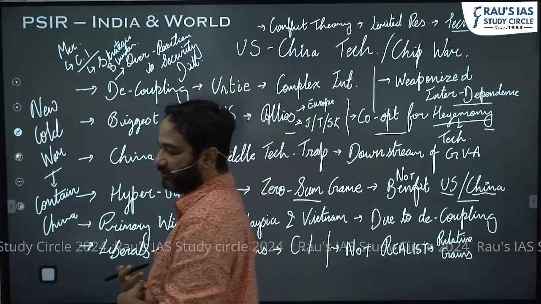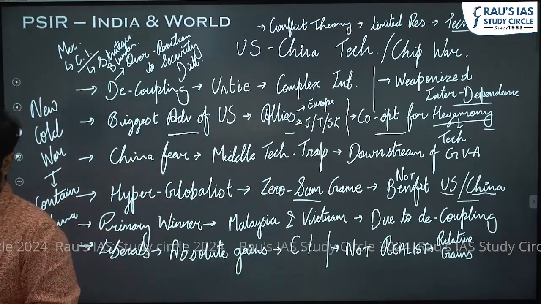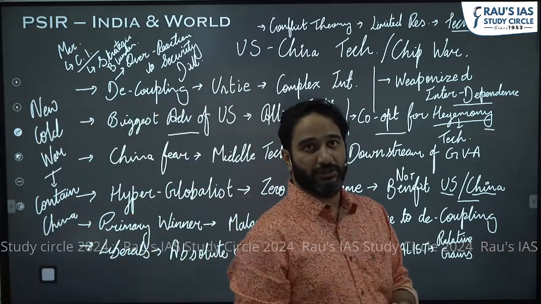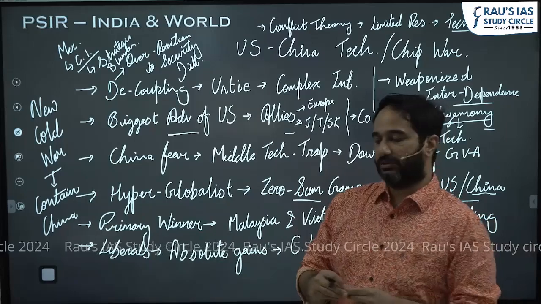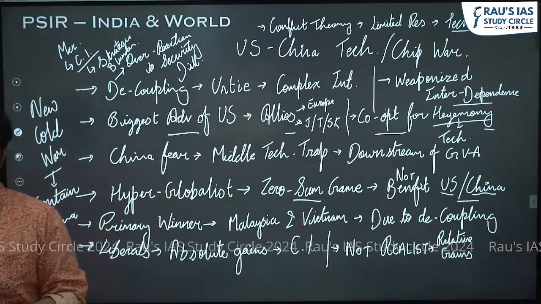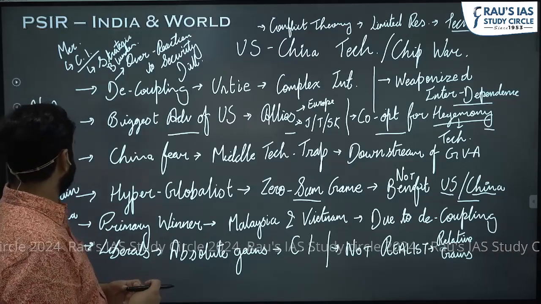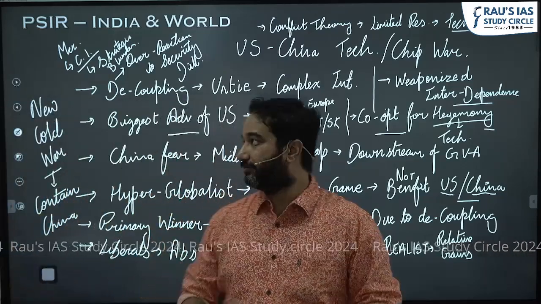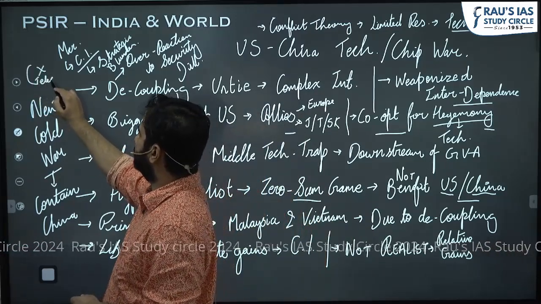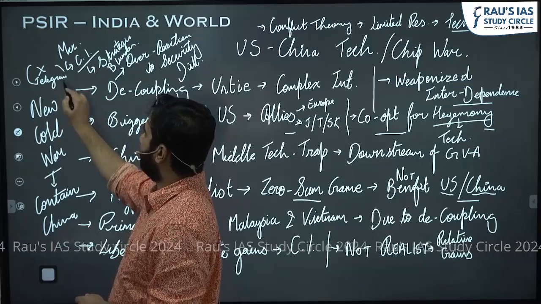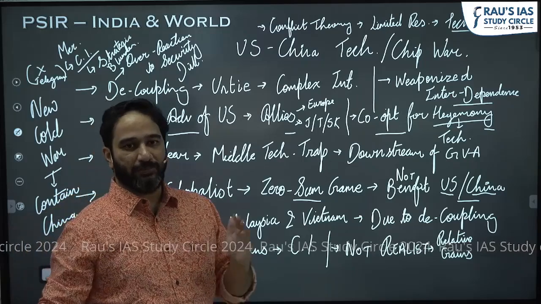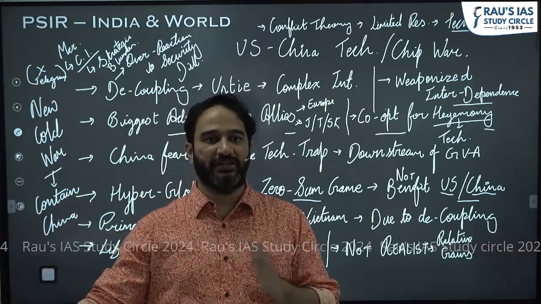This is the same policy that the US should undertake today. So basically, do not appease the Chinese, contain the Chinese.